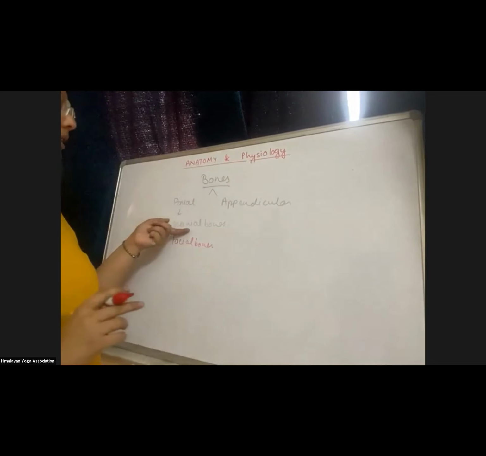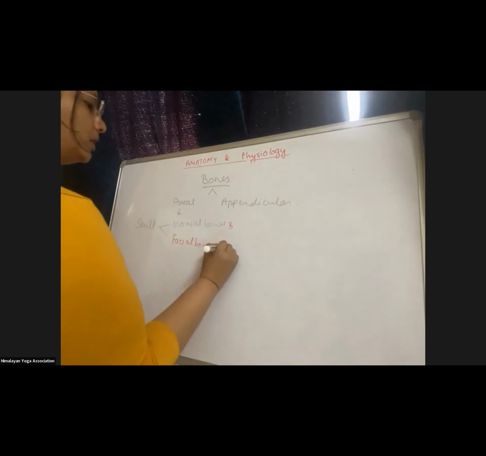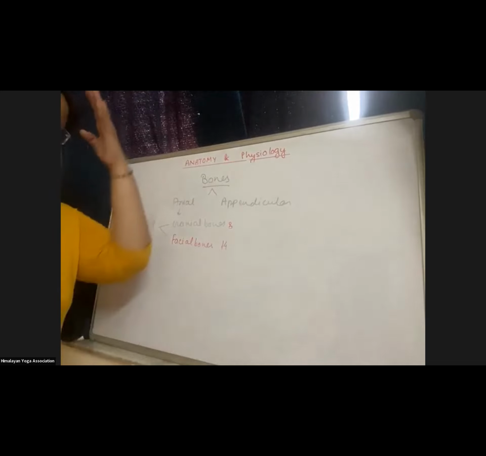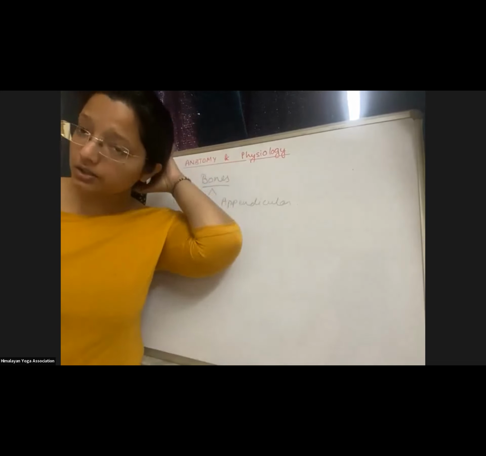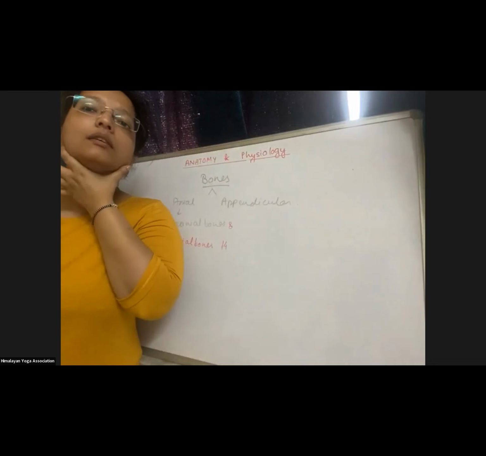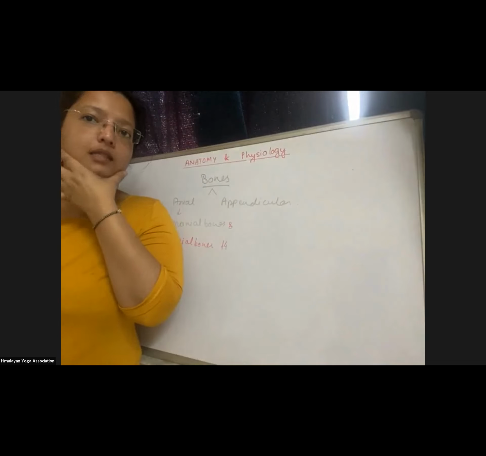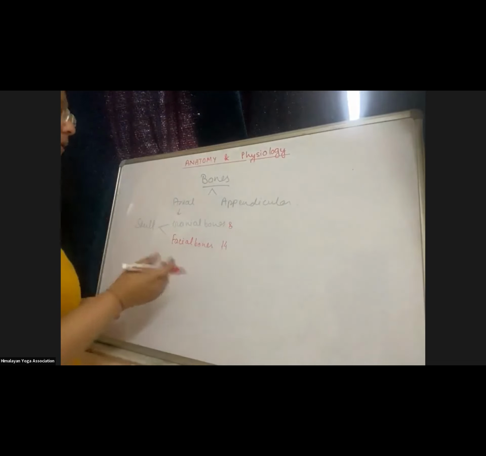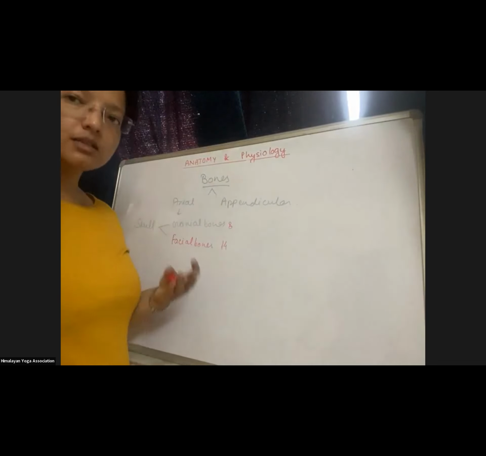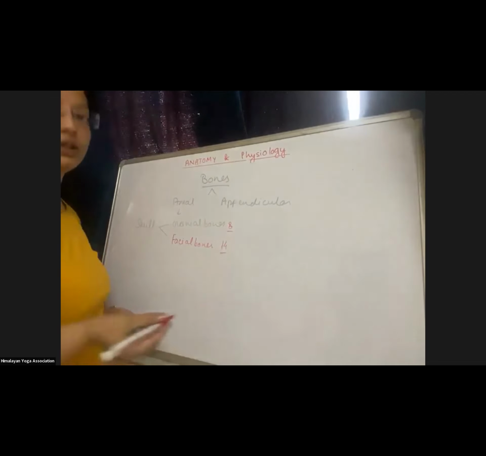Number of cranial bones is 8 and facial bones is 14. All this is cranial region, and this front, this nose, is facial region. So here you see that the size is almost similar, but number of bones is different. Here we have 8 and here we have 14.